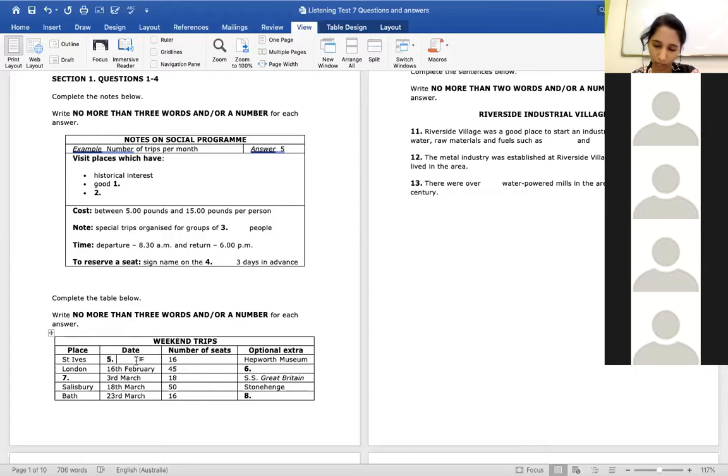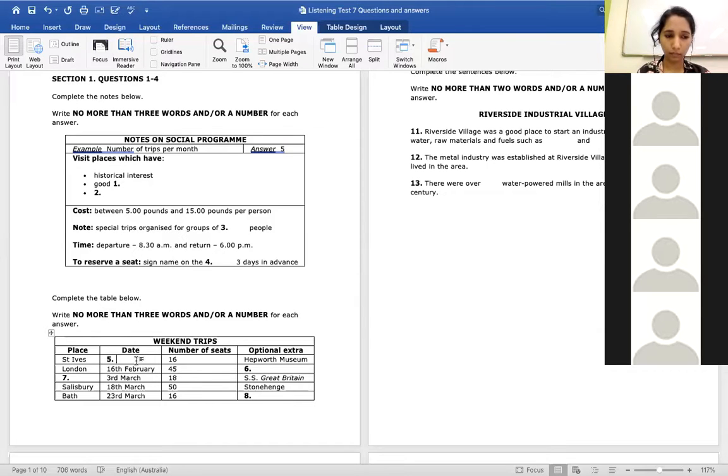Okay. That's in a different minibus with 18 places available. Oh, and the optional extra is a visit to the SS Great Britain. Okay. We're going to Salisbury on the 18th of March, and that's always a popular one because the optional extra is Stonehenge. Ah. So we're taking the large coach with 50 seats.